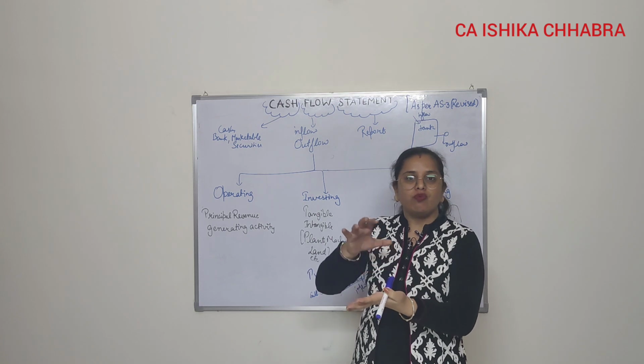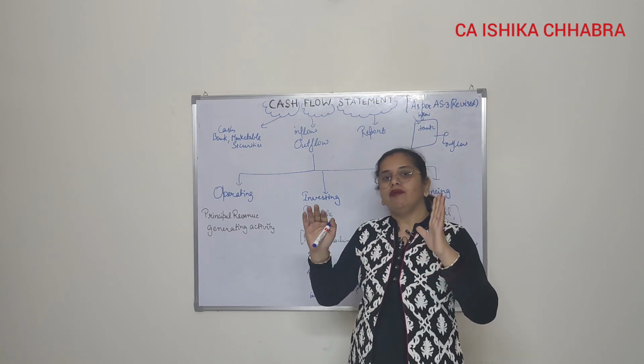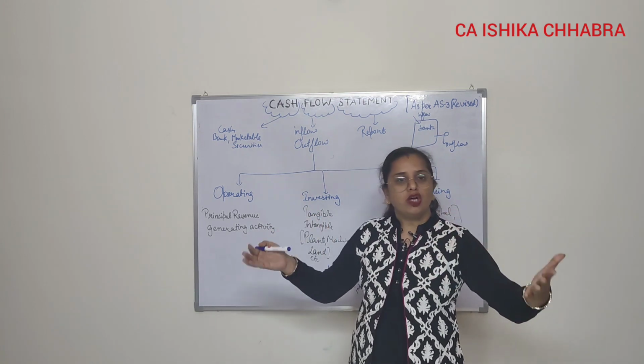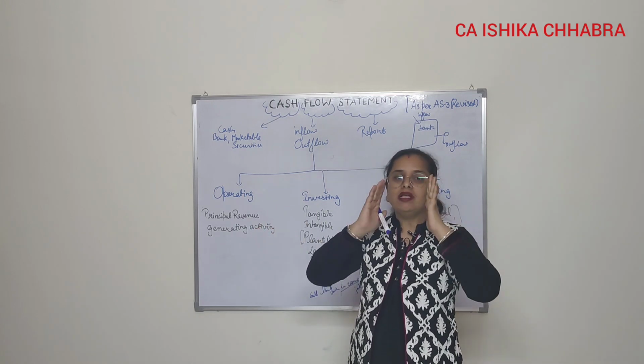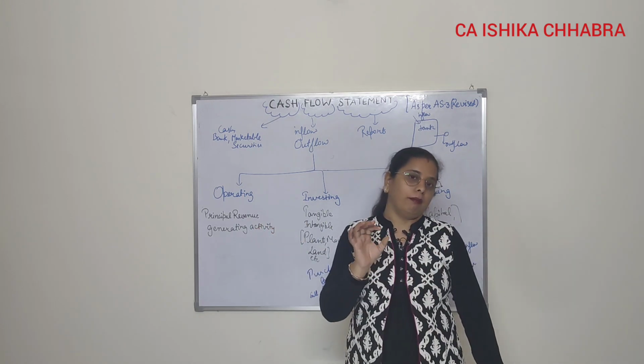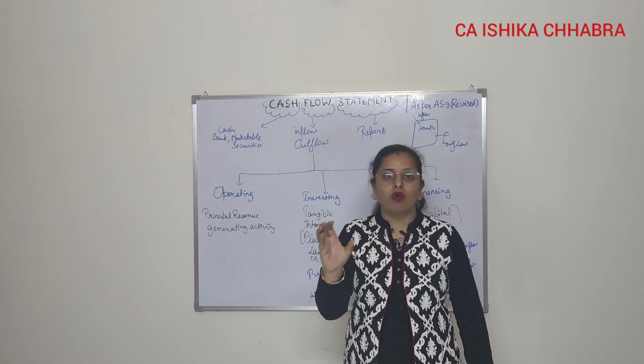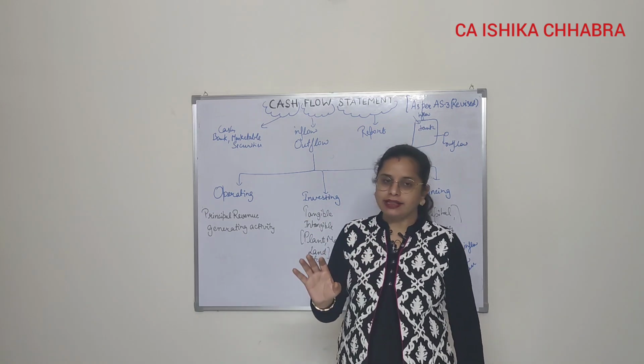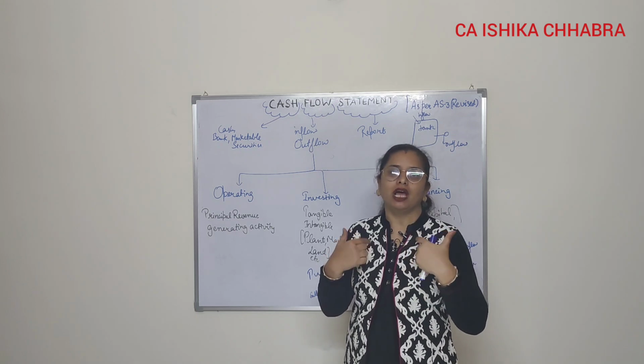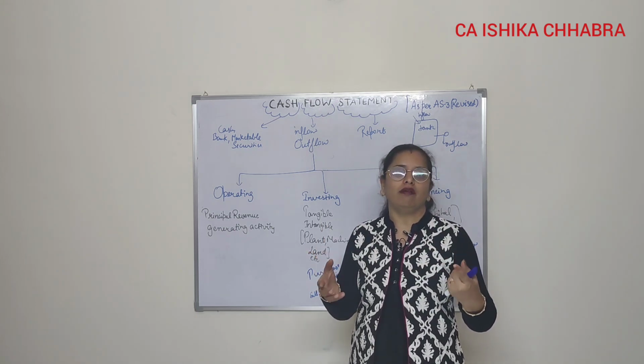Like I am having a showroom or a stationery shop. My main purpose of the business is selling books, notebooks, pen, pencil, like that. This is my principal revenue generating activity.